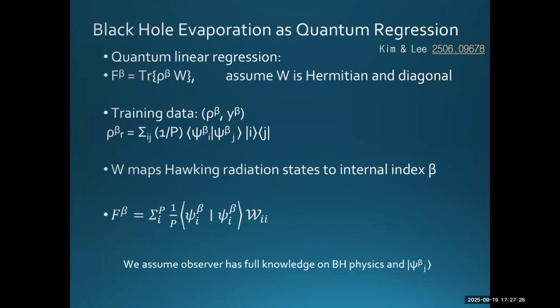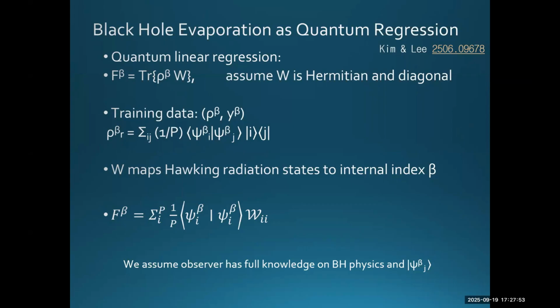Finally, our work. We assume quantum linear regression using the black hole Hawking radiation as a density matrix. In quantum machine learning, you can encode classical data into a density matrix.